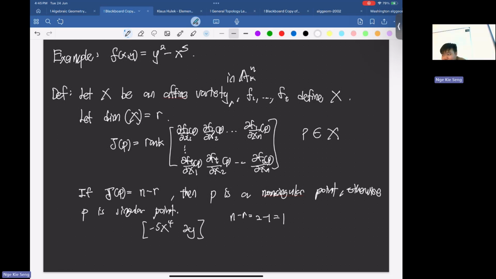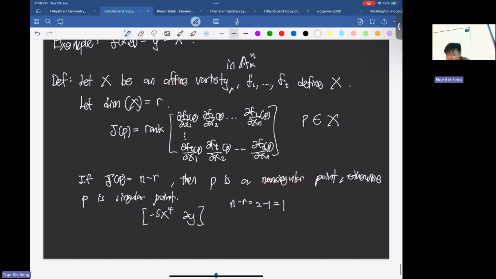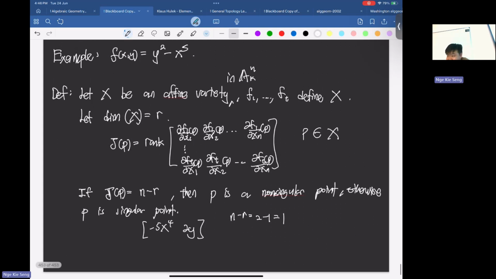What point you substitute, you get the rank is 1, if you substitute other points.